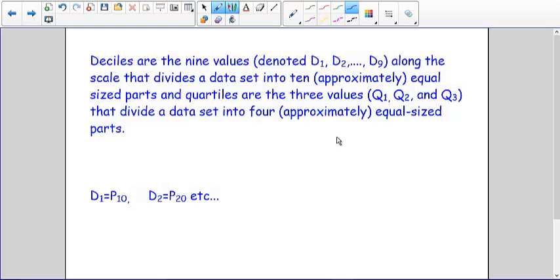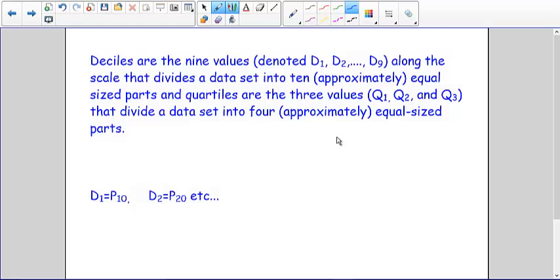There are three values, which are the quartiles: the 25th percentile, the 50th percentile, and the 75th percentile. You take your data and split it in half, and then split each of those halves in half. Finding quartiles is kind of like finding the median.